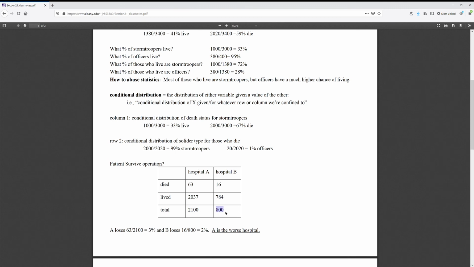That may or may not be important. But of the 800 operations in Hospital B, 16 died and 784 lived. And I'm not giving the totals who lived and died in this case because they're not particularly relevant to what I'm going to do. So Hospital B is a little smaller, but that may not have anything to do with anything.